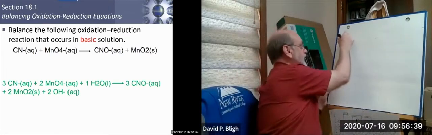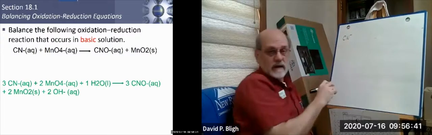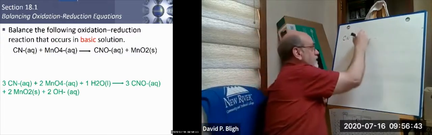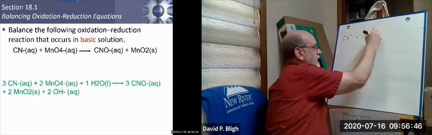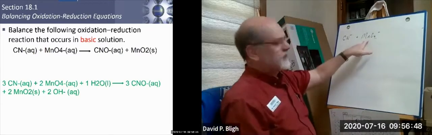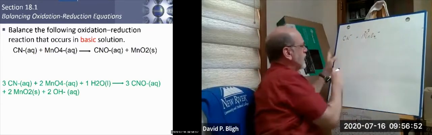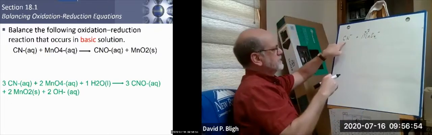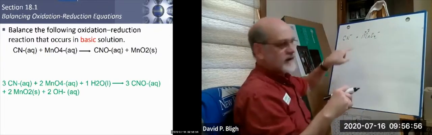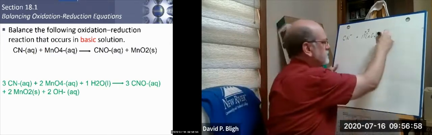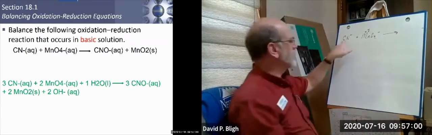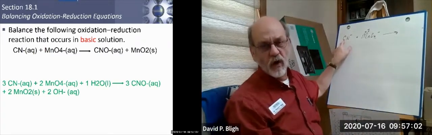So if you have cyanide on one side, and then the manganate ion, we already determined what this one was, right? +7. How about this one? Well, in this case, we've got to decide what's the product, because we don't know whether it's carbon or nitrogen.